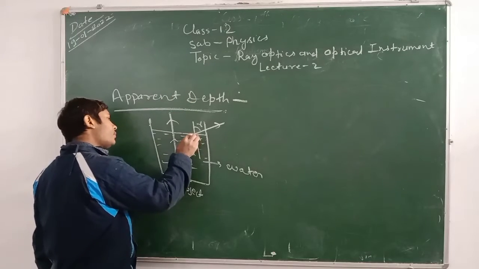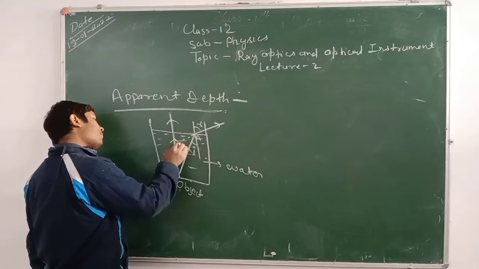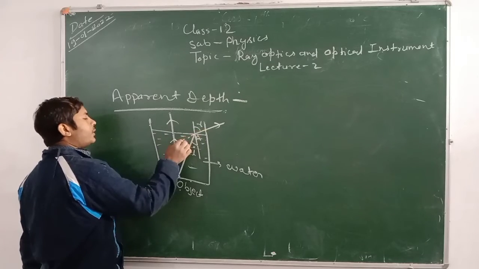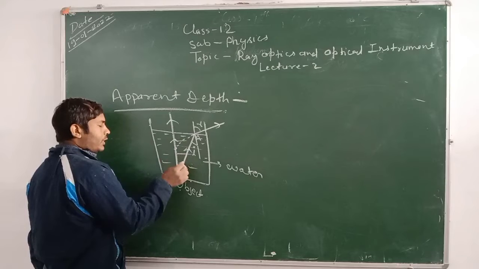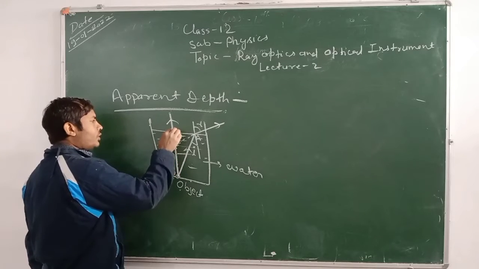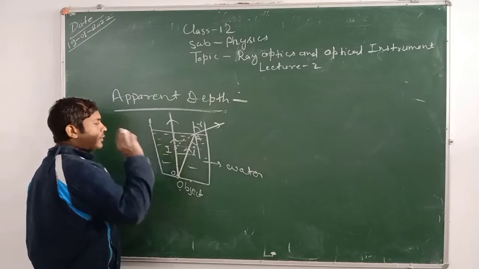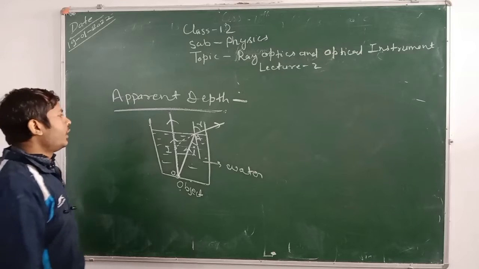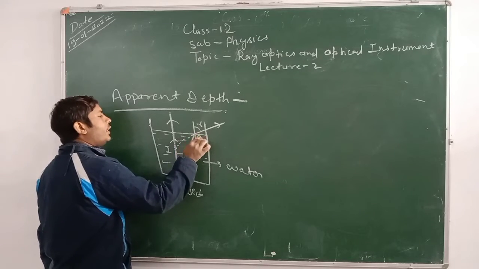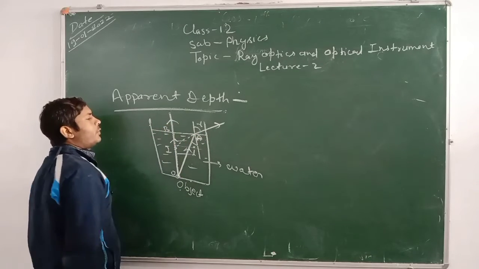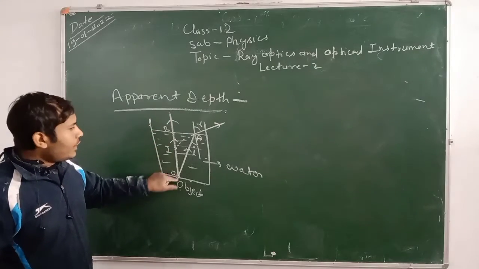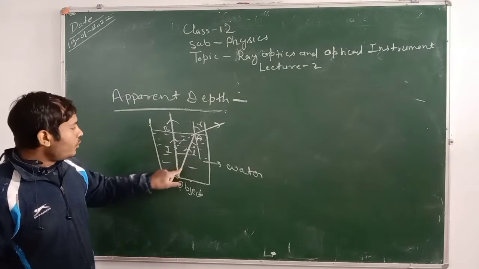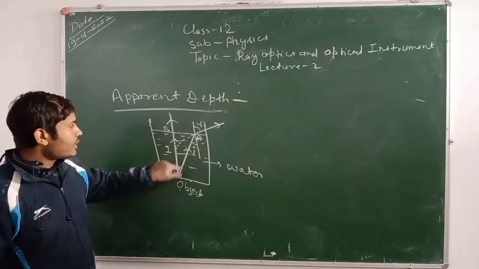So I am just reversing this refracted ray. It is intersecting at a point, let us say I, with the other ray. It is point A and I am saying it is point B. So in this case, this ray and this ray are parallel to each other and this ray is intersecting.